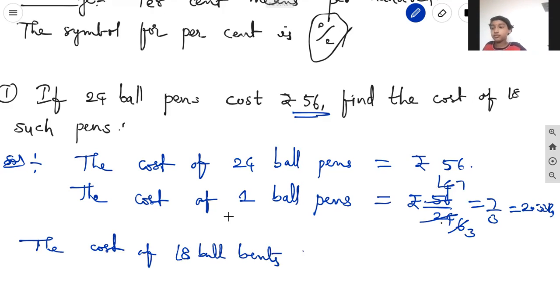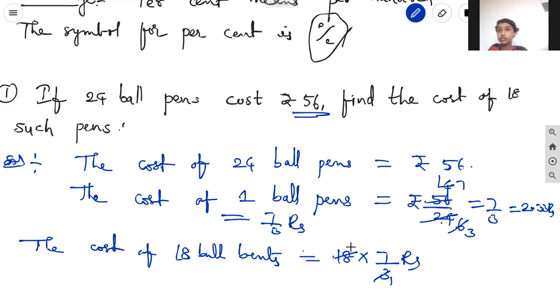Here we can write the cost of one ball pen is 7 by 3 rupees. So 18 ball pens means 18 into one ball pen cost, that is 7 by 3 rupees. 3 6s are 18, 6 7s are 42. 42 rupees is the 18 ball pens cost.